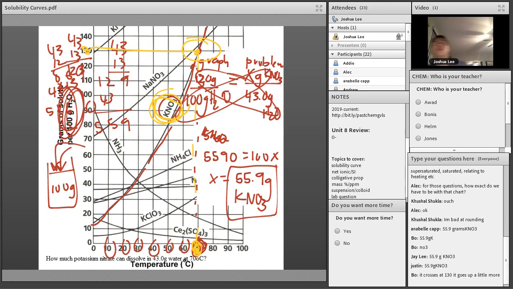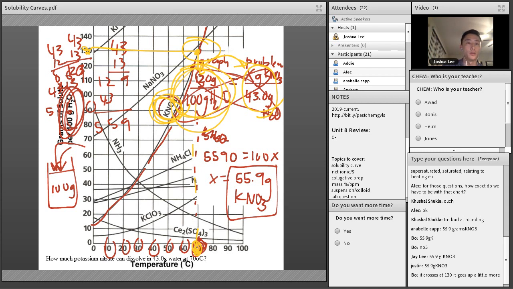The other biggest mistake is students mixing up where the numbers go. Make sure one fraction is all about the graph and the other fraction is all about the problem. Those two fractions should be exactly the same: grams of solute over grams of water, grams of solute over grams of water.